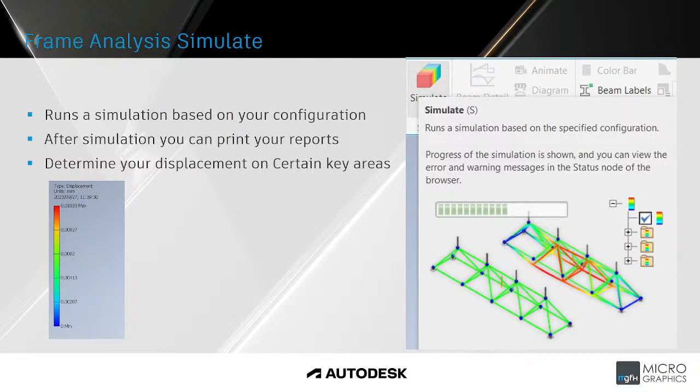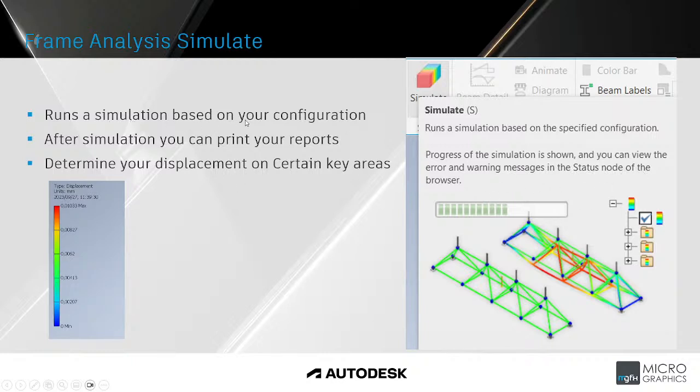With frame analysis, Simulate runs a simulation based on the specified configuration. Progress of the simulation is shown, and you can view the error and warning messages in the status node of the browser.